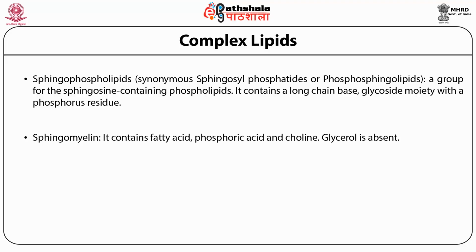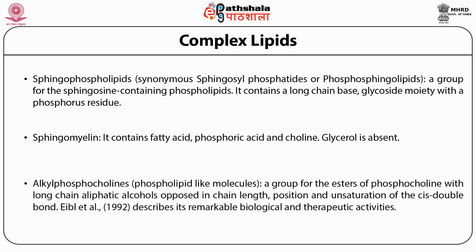The third category of the phospholipids are alkyl phosphocholines. They are phospholipid-like molecules. Henceforth, they are categorized under the phospholipid category.